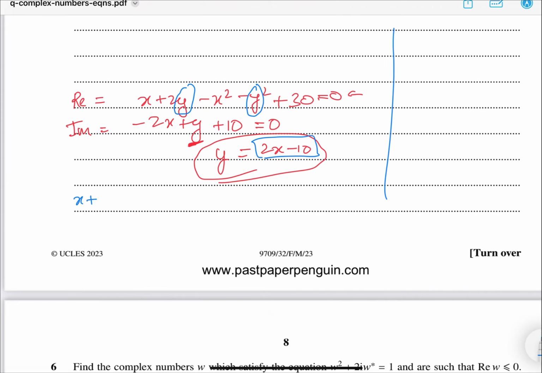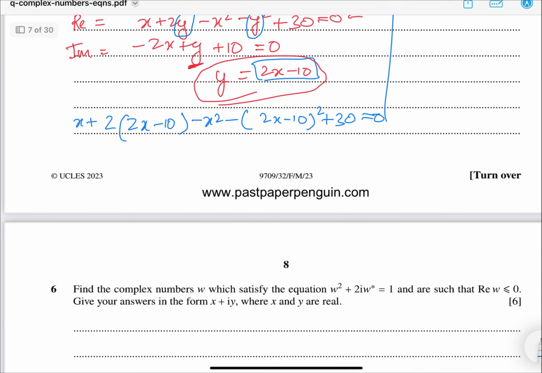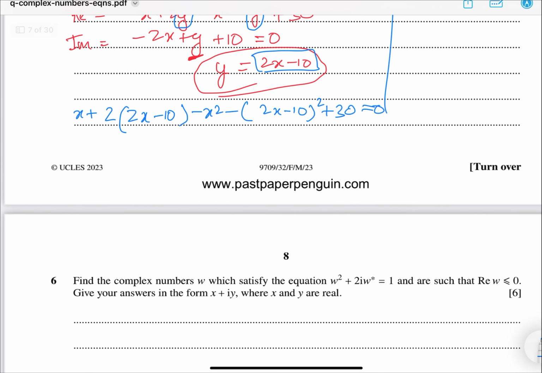x plus, tell me, what is x plus 2? 2x minus 10 minus x square minus (2x minus 10) square plus 30 equals 0. Alright, expand the brackets. So it will become x plus 4x minus 20 minus x square.